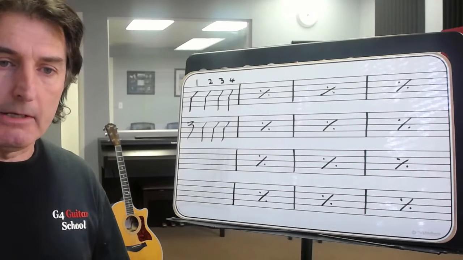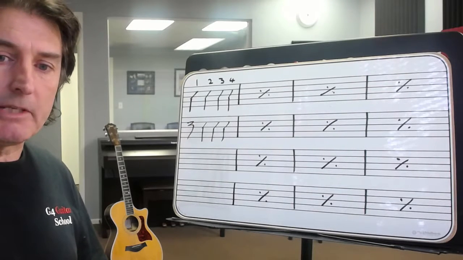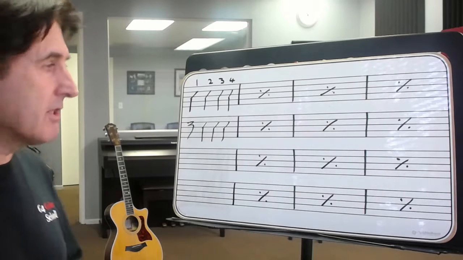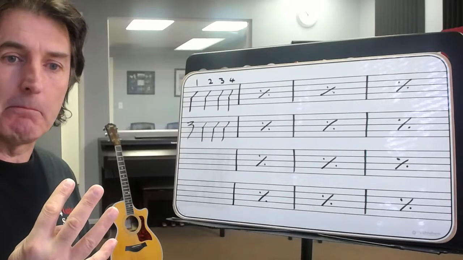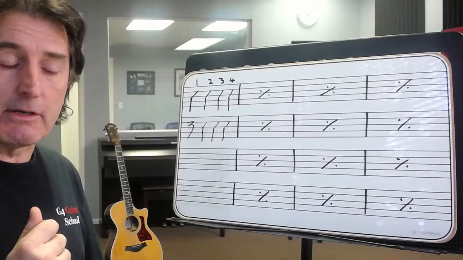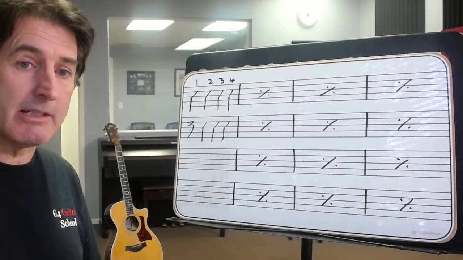Now here's an important thing: music is very predictable, and it follows rules that cannot be broken. What I mean by that is we have in our bar here 4 beats, 1, 2, 3, 4. In this bar we also need 4 beats, 1, 2, 3, 4. So we need to account for 4 beats every time we see a barred example.